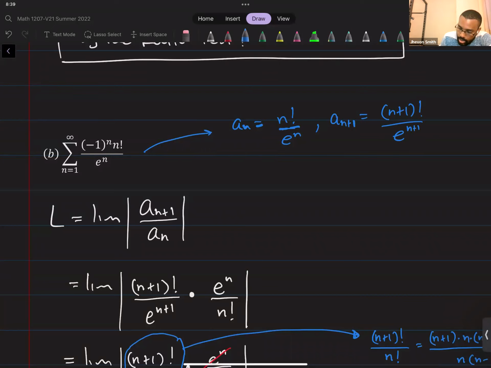Oh, okay, and then thank you. And so when I take an+1 divided by an, it's the same thing as taking an+1 and multiplying by the reciprocal of an. So I would take the n+1 factorial over e to the n+1 and then multiply by 1 over n factorial over e to the n.